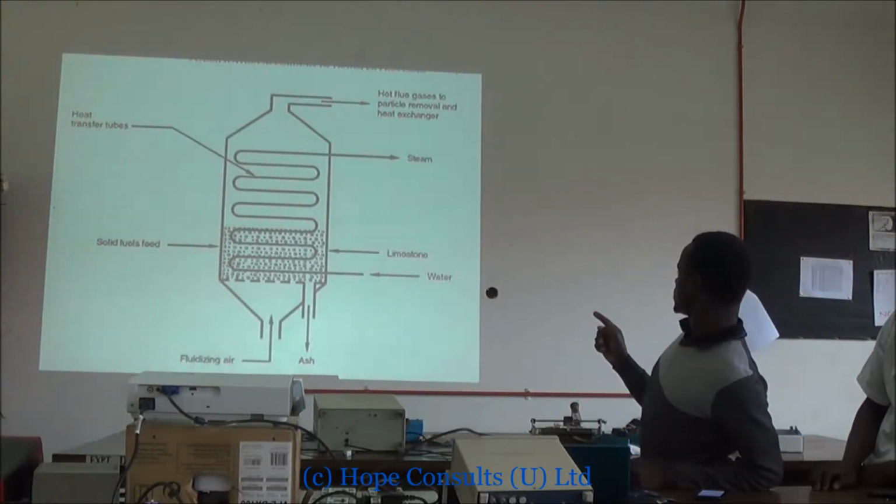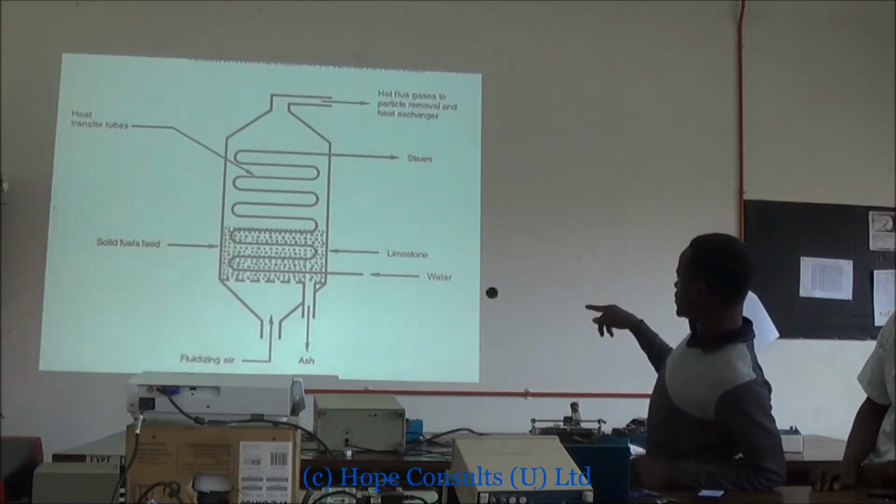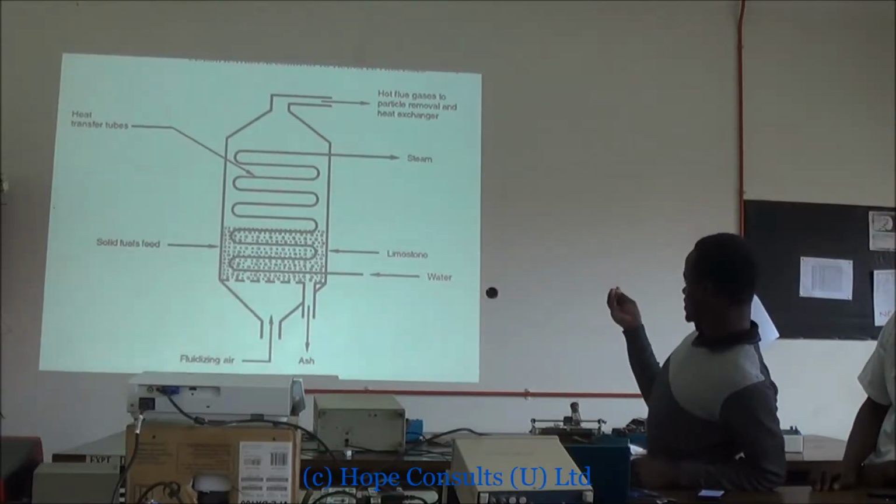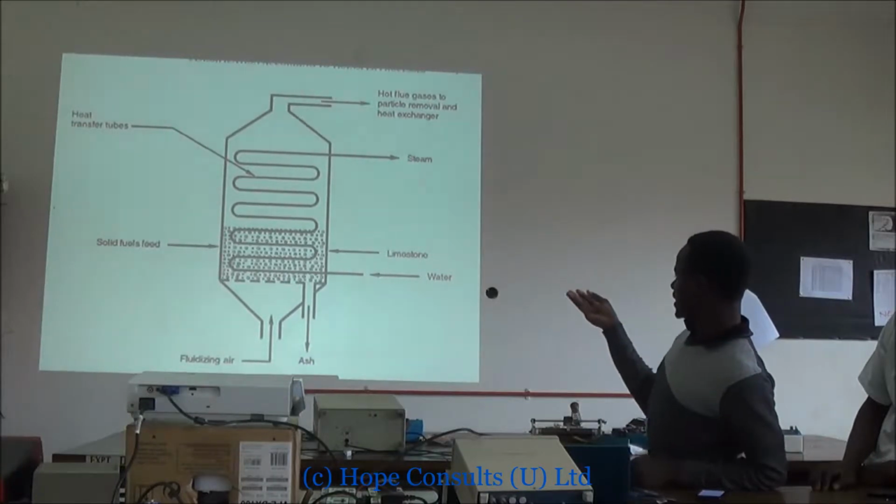The solid fuel, then that limestone, when the fluid is passed through that, it gains heat in that limestone.